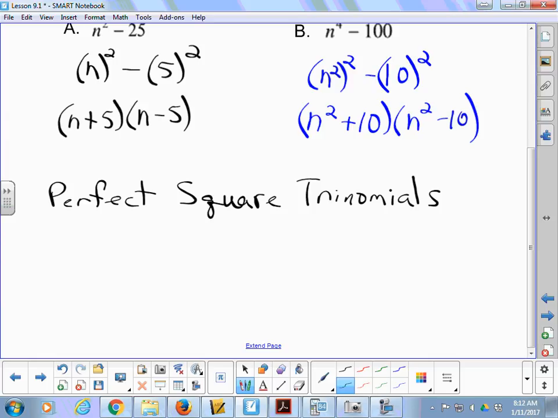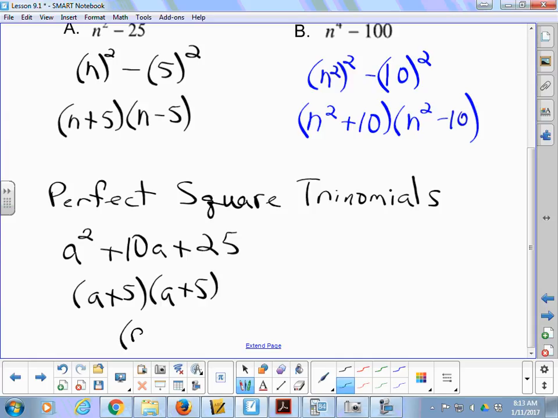Now I'm not going to go into the whole thing about them, because all it means is that when I factor it, I'm going to get the same thing. So I'll give you an example. What are the factors of 25 that add up to 10? Okay, 5 and 5. So this just means we're going to have a plus 5 twice. So I can write it as a plus 5 squared.